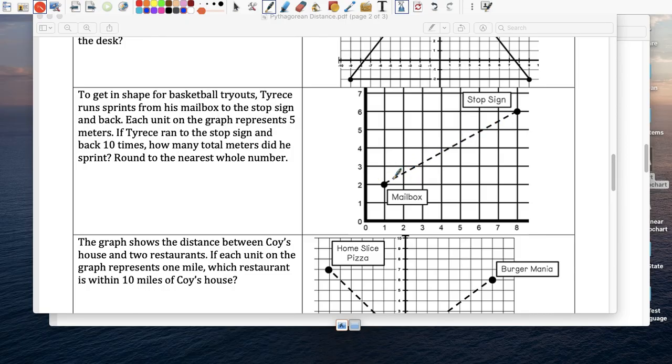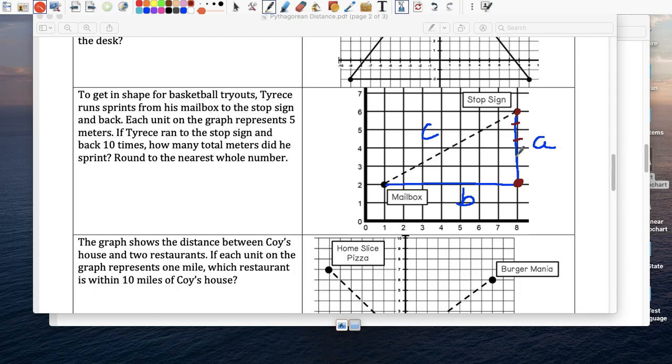that's what he's running, so we need to find that distance, and in order to do that, we can create a triangle here, a right angle triangle. Right, so this is leg A, leg B, and we're looking for C. Each unit of the graph represents 5. So let's calculate the vertical distance.